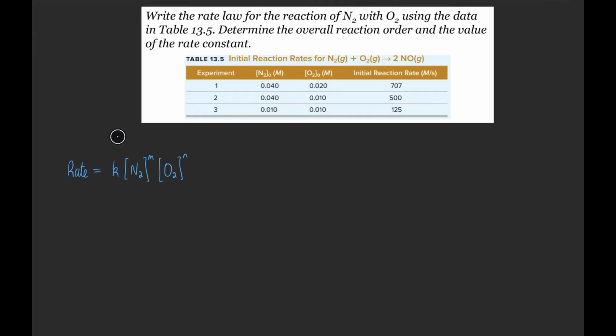So let's take a slightly closer look at each of these components to make sure we know exactly what they mean. The first component k is our rate constant, and the rate constant is concentration independent.